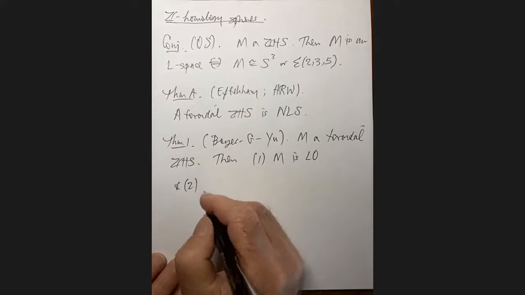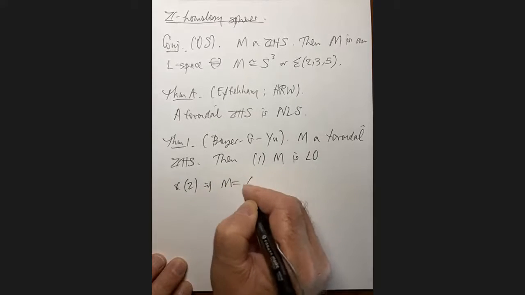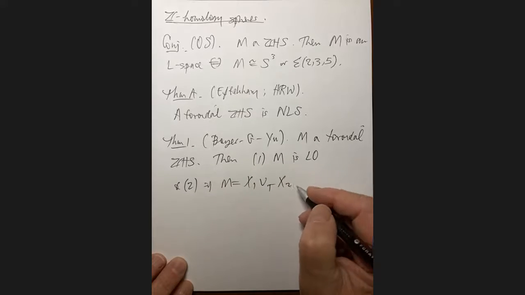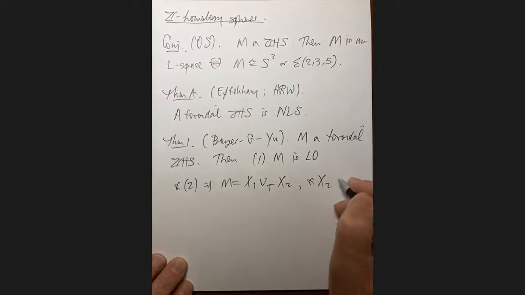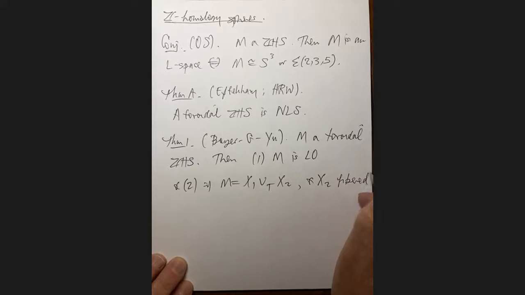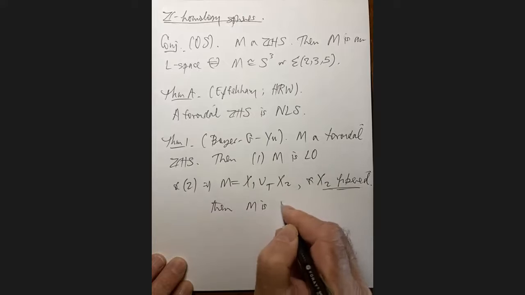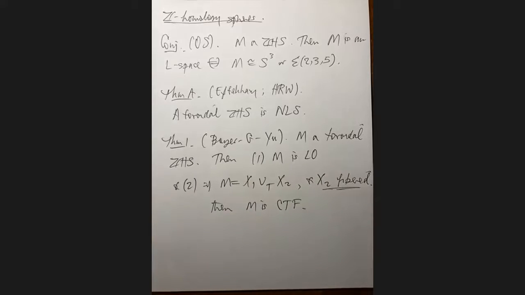So again, if M is X1 union along T with X2 as before, and one of them is fibered, then in fact, M is also CTF. Okay, so that's one situation where we get the sort of expected answer as to these properties.